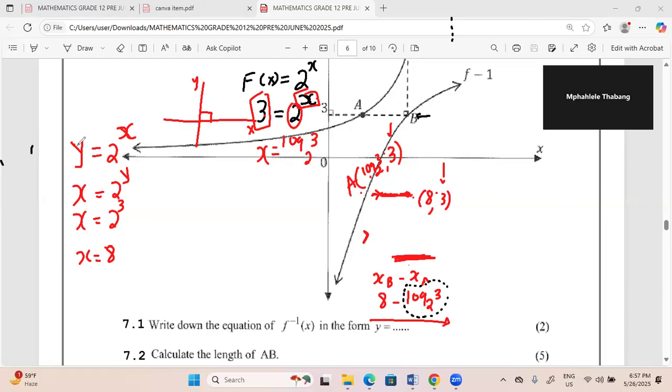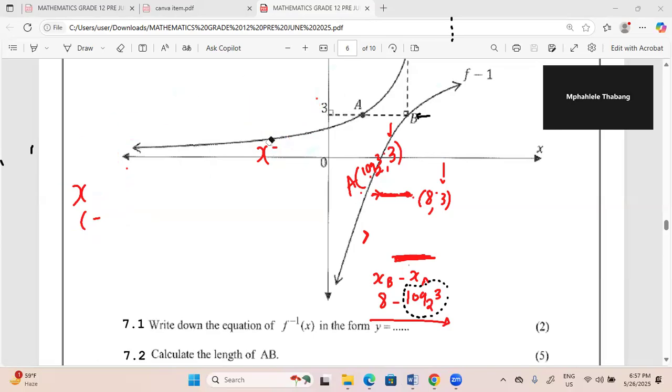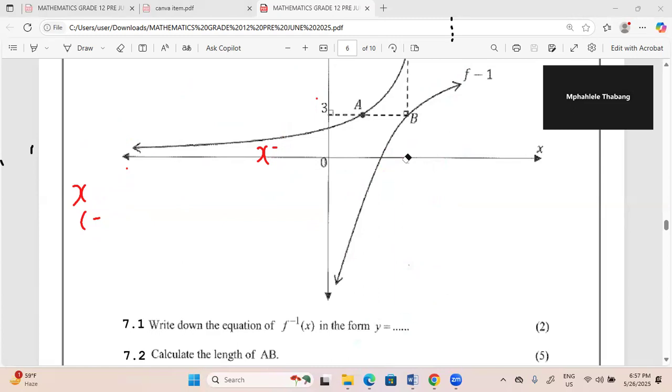Let me check if there is any approach to find the distance between points A and B. What matters most is to take x at B and subtract x at A.